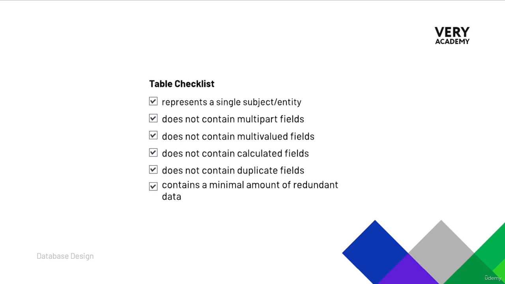So let's make sure that our tables represent a single subject, that they don't contain any multi-valued fields, don't contain any calculated fields, as I've just explained, and do not contain any duplicate fields. We also want to try to reduce redundancy. That's where we have, for example, data stored more than once within our tables. We want to keep that to a minimum and avoid it if possible.